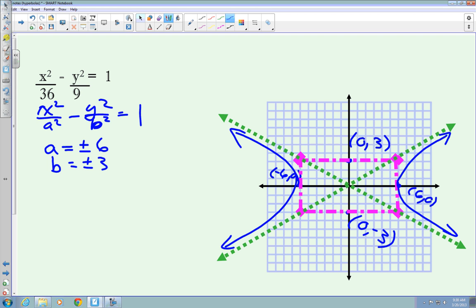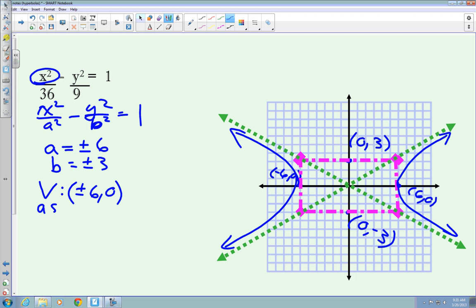Why are they going out? Because this right here. Oh. Okay? That's going to tell you whether it opens side to side or left and right. Okay? So our vertices are plus or minus 6 here.